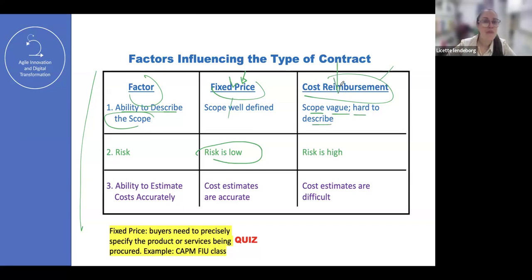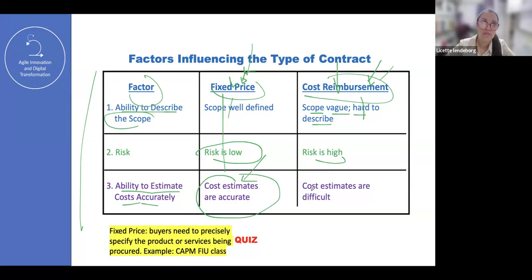Do you remember the predictive and adaptive? This is similar. This is like predictive, and this is adaptive. When the risk is high, you use cost reimbursement. If you have the ability to calculate and estimate the cost accurately, you can use a fixed price because you know exactly how much money to put in that contract.